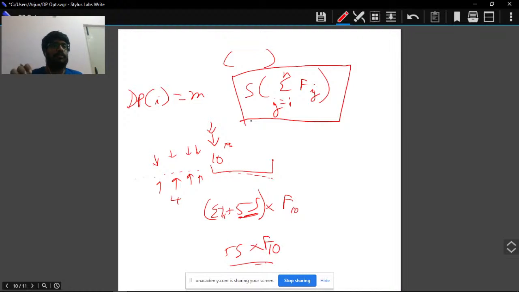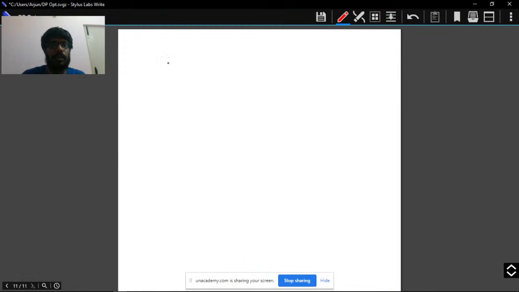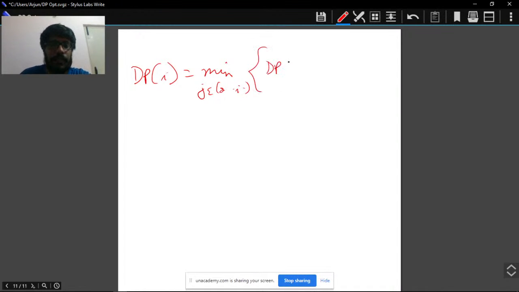So now that we have taken care of this, when I want to find DP of i, the first i elements, suppose the last batch starts at j, then till then I have dp j, which remains as it is, plus now the cost of j plus 1 to i.